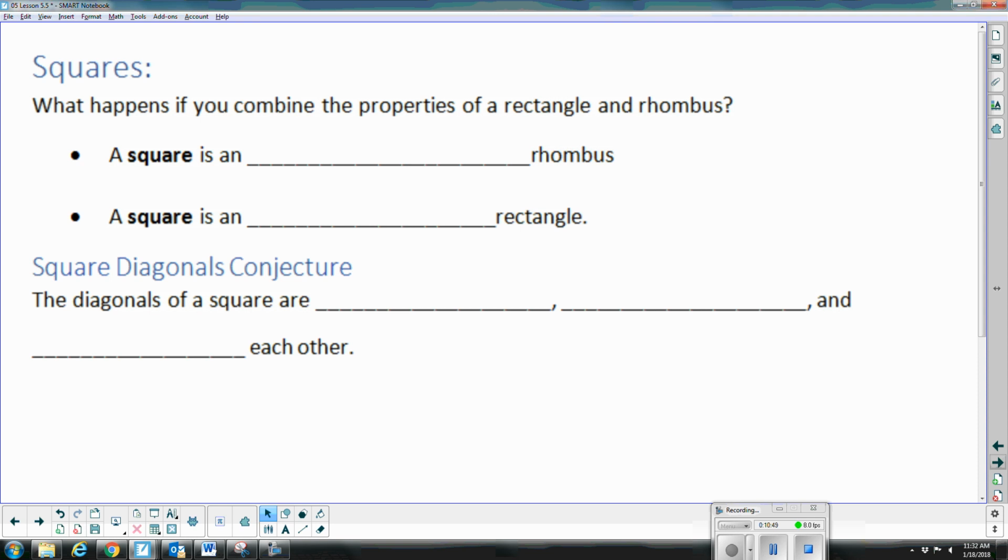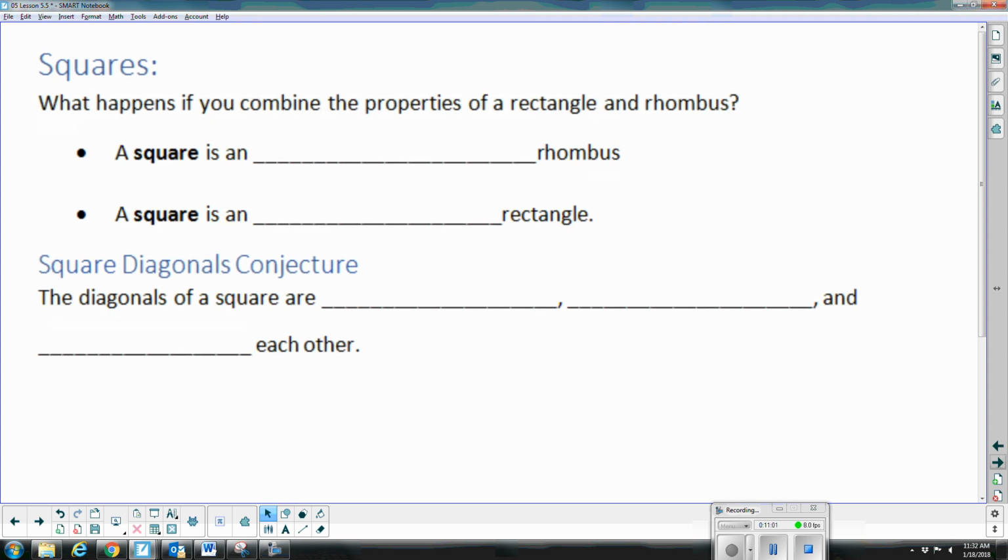So, if we were to redefine square using rhombus in our definition, we would say that it's an equiangular rhombus. Because, again, a rhombus is a parallelogram with 4 congruent sides, but a square also has 4 congruent angles.